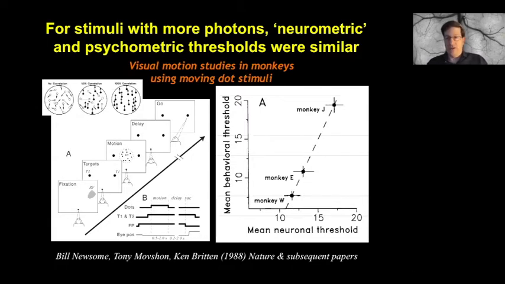So this was a very challenging result because it raised the question of why the animal's performance was not that much better than the performance that one would get in principle just by listening to the activity of a single neuron.